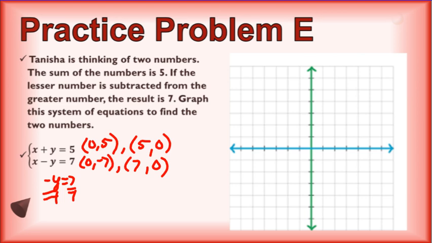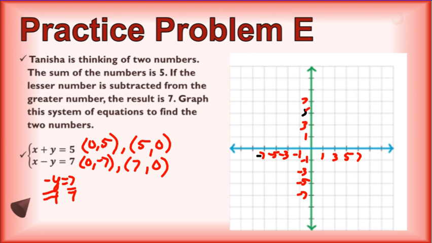Since we're dealing with odd numbers here, we're going to count by ones. So this would be 1, 3, 5, 7, -1, -3, -5, -7, -1, -3, -5, -7, 1, 3, 5, 7.